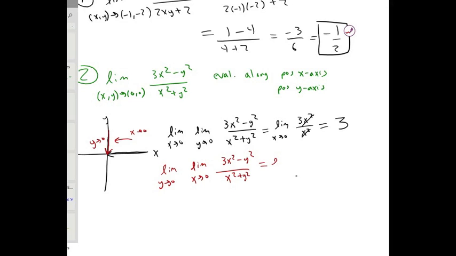And if we let x approach 0, we'll have the limit as y approaches 0 of minus y squared over y squared. The y squareds will cancel, and we'll get -1. So 3 doesn't equal -1, so the limit does not exist.